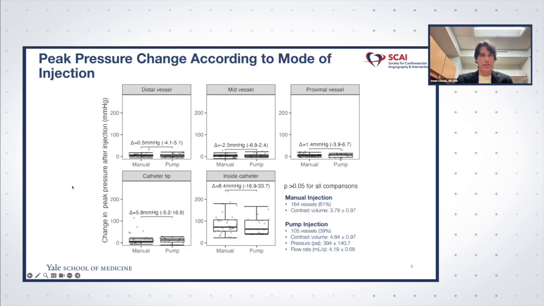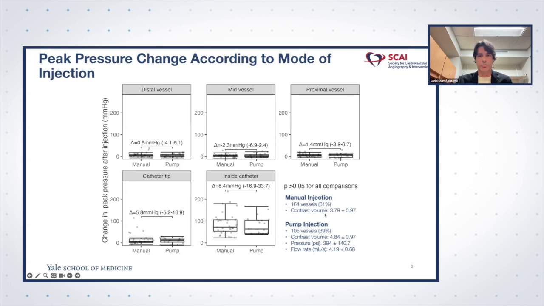We also analyzed the change in pressure according to the mode of injection. From the 4 sites, in 2 sites we randomized injections to be taken manually or with the assistance of a pump injection. In the other 2 sites, all injections were done manually, in a sense that 60% of injections were manual and 40% were pump injected.